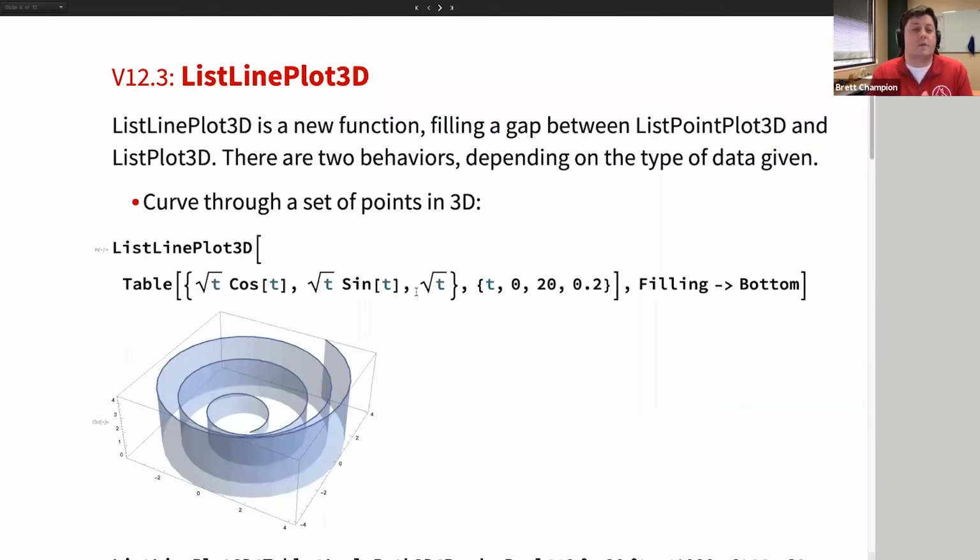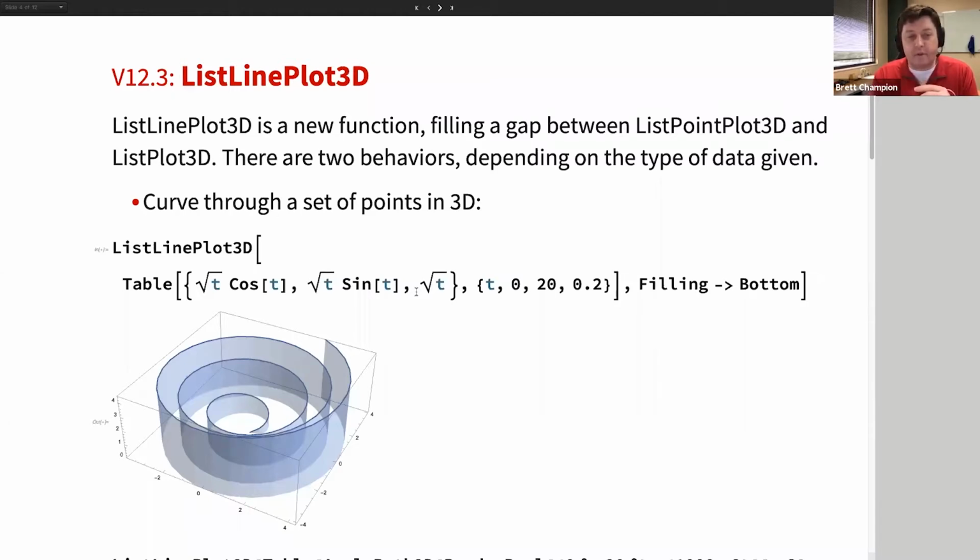Moving on to what's new in 12.3, we're going to look at ListLinePlot3D, which is a new function to fill in the gap between ListPointPlot3D and ListPlot3D to give us a curve generator coming from data. There are two different types of data that it can take, and it does different things with them.